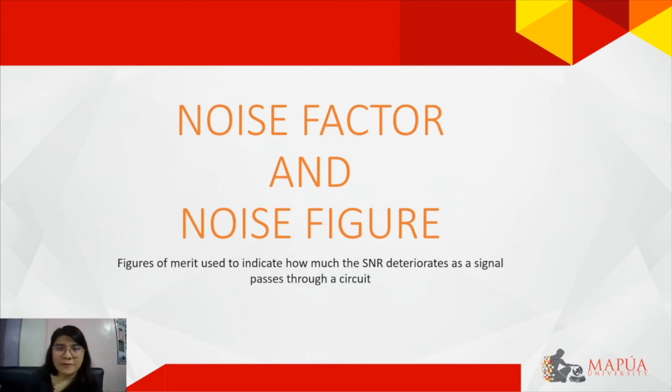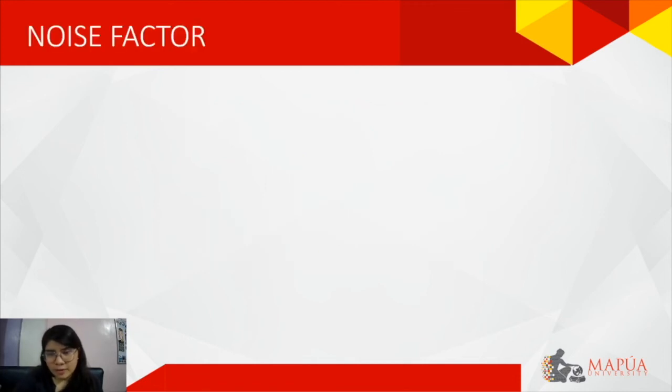The noise figure is simply the comparison of the SNR at the input and the output of the circuit. Noise is usually expressed as a power because the received signal is also expressed in terms of power. By knowing the signal and noise powers, the signal to noise ratio can be computed.